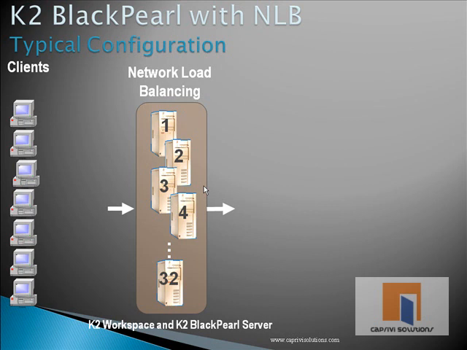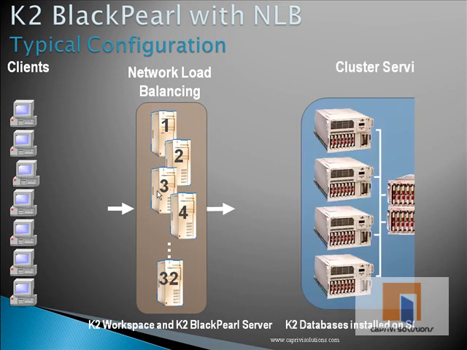And so in that case, when users are retrieving their work lists within a particular process, or running reports on the K2 workspace and so on, that load can be distributed using network load balancing. And so you would install K2 Blackpearl on each of the servers within your network load balancing cluster, and as users connect up, it would then distribute that load across the different servers.